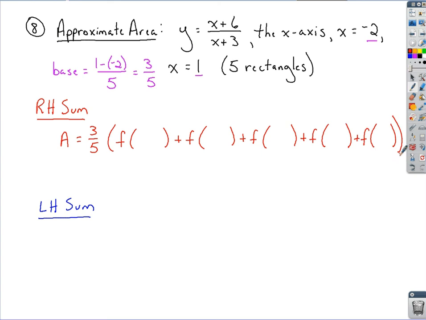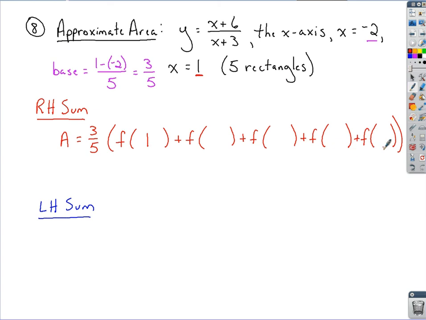So I've got my 5 function values set up. Since it's a right-hand sum, we start at the right edge of this interval. So the right edge of the interval would be at 1. And then we subtract our base lengths backwards so we can get our respective values to plug in.